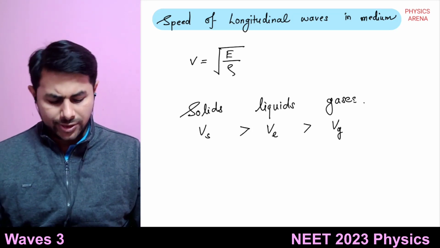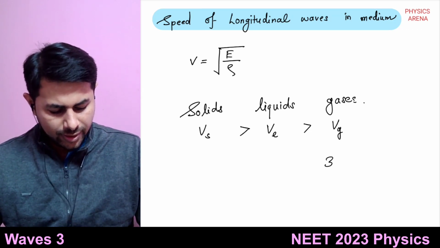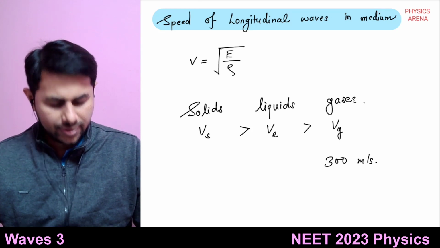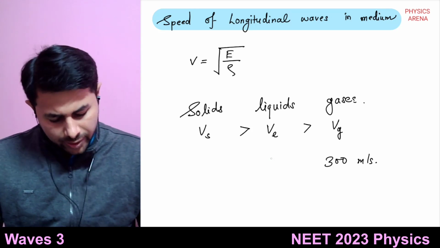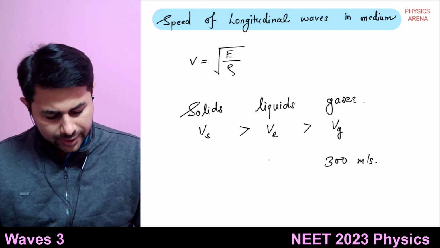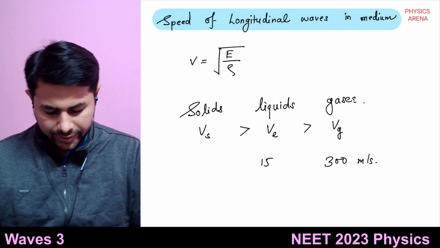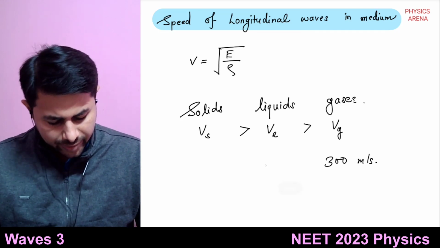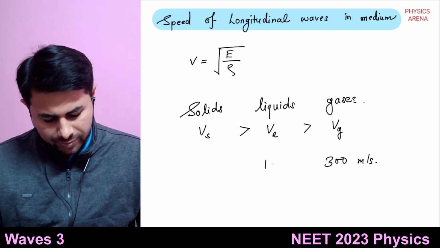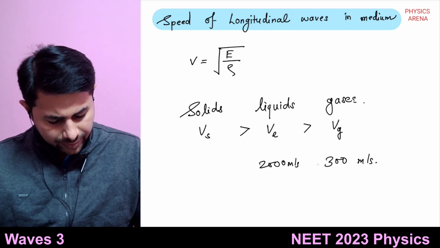Just for an example, velocity in gases is of the order of 300 meters per second. Velocity in liquids is some 1500 to 2000 meters per second. Let's take a number, suppose it is 2000 meters per second.